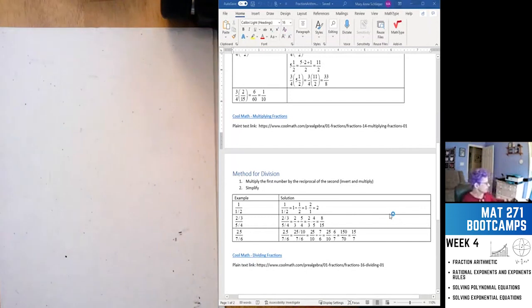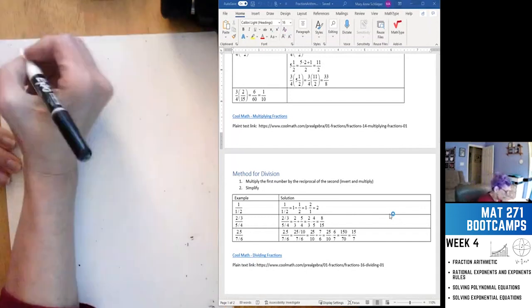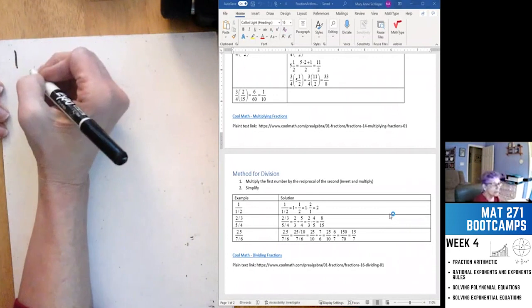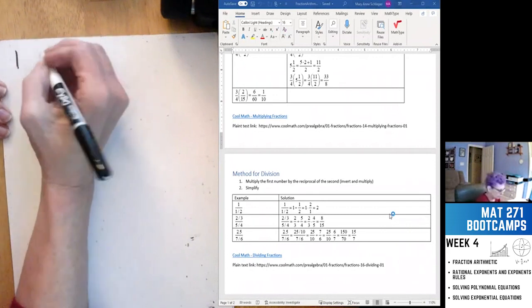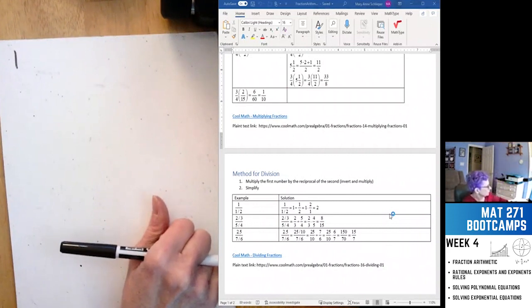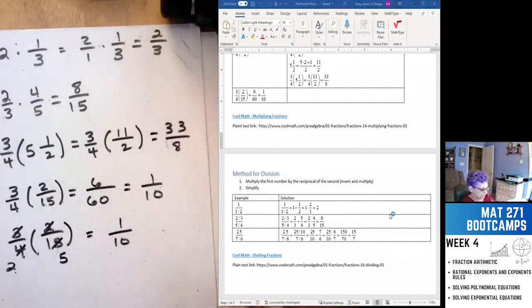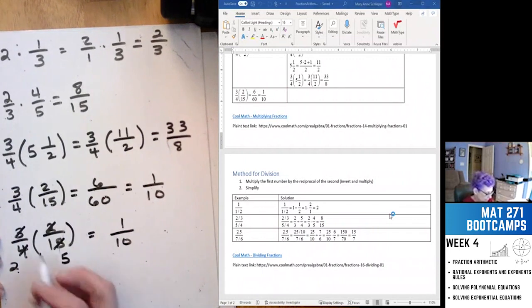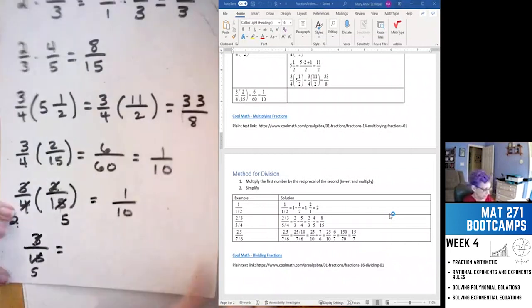Division, invert and multiply, or multiply by the reciprocal. Yes, Christopher. Just going back to that, just to verify, you can only simplify across, right? Like in an X, like how you did 3 and 15. And if you had 3 over 15, you could simplify that.